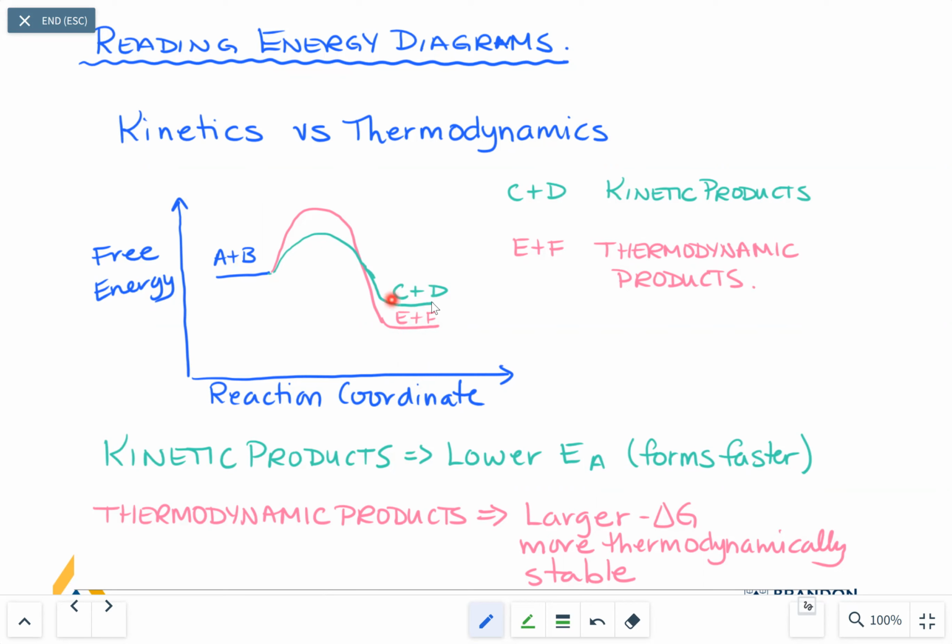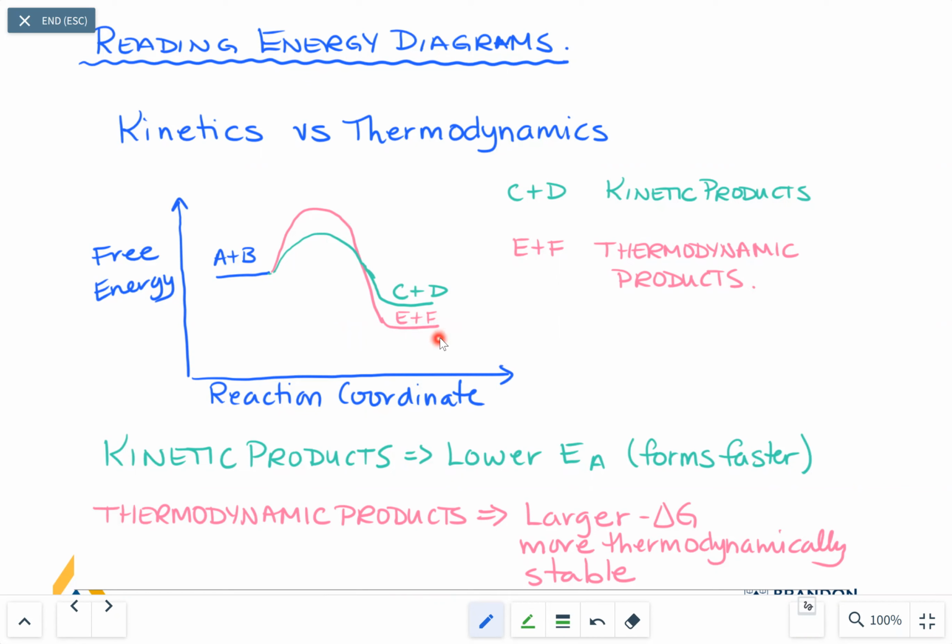But you could make C and D, and the activation energy to make C and D might be lower than to make E and F. So it's easier to make C and D because the activation energy is, I shouldn't say easier, it's faster. You'd make these two products faster because this activation energy is lower. But E and F would be thermodynamically more stable, but it takes more energy to make those.